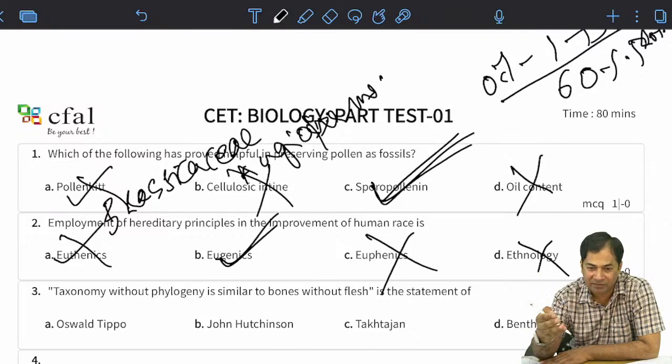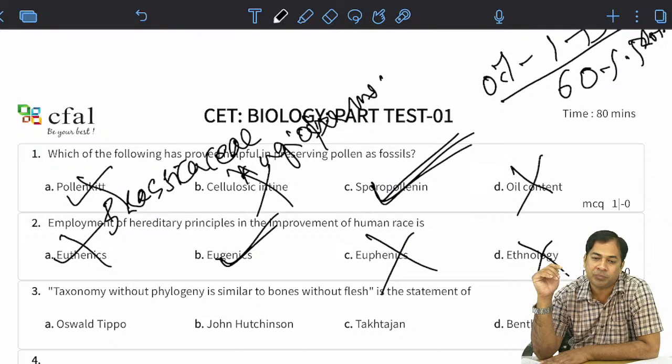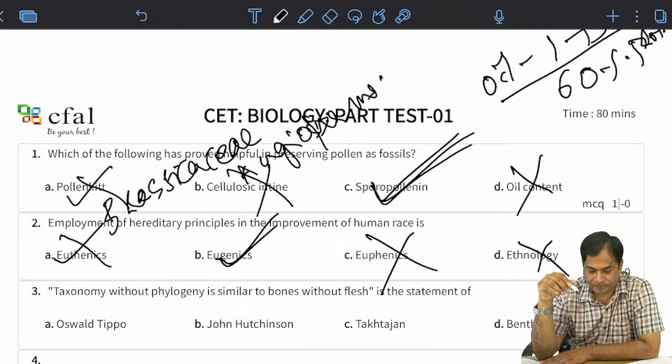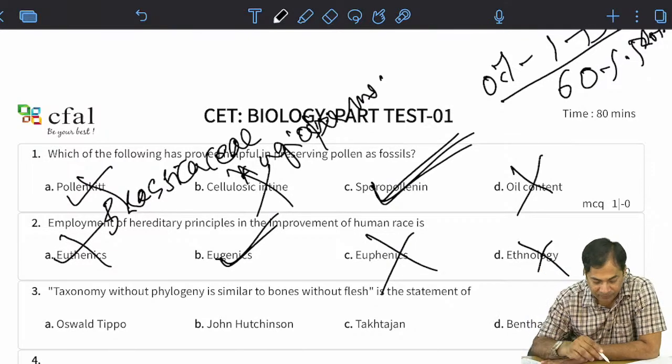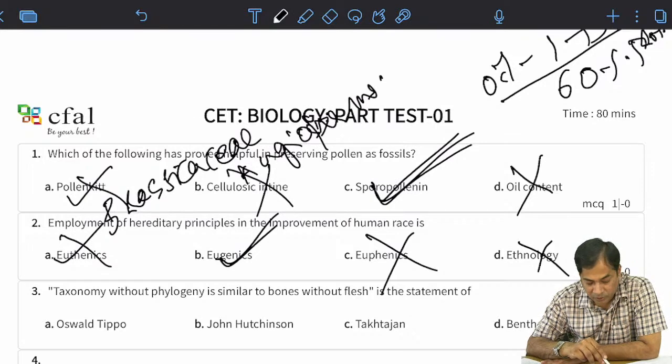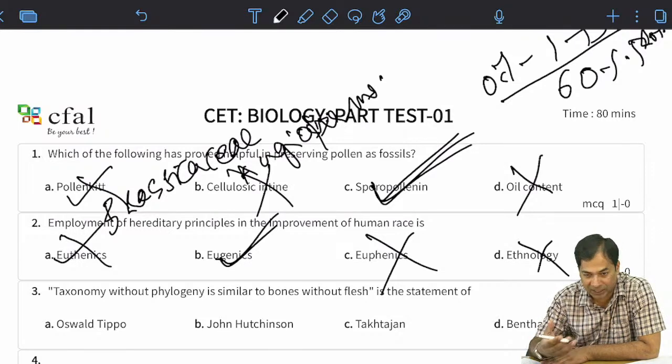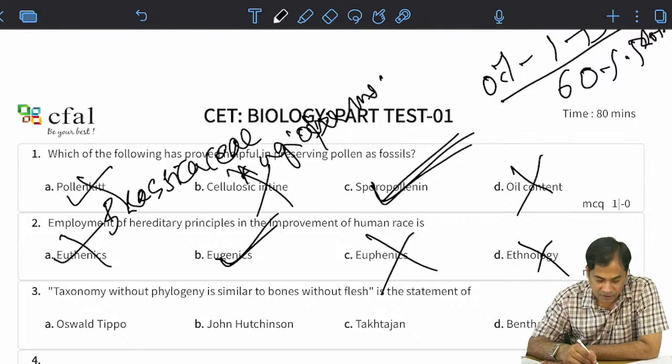Studying those differences between people is what we call ethnology. So the question, employment of applying hereditary principles of genetics in the improvement of the human race, how to make humans better with respect to genes, internally how to make persons better, that is option B. Option B should be the correct answer.